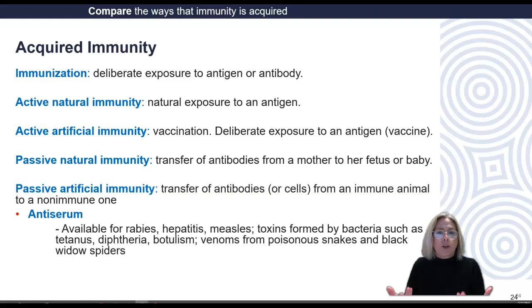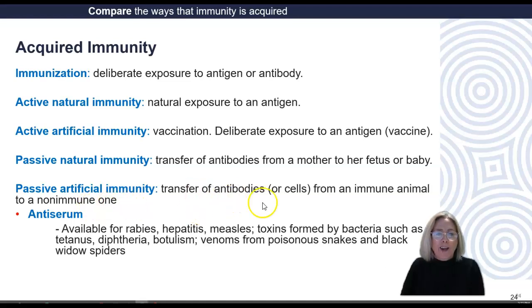And that milk has those antibodies in it, and that offers the baby protection while their own immune system is developing. Passive artificial immunity then involves the transfer of antibodies or cells from an immune animal to a non-immune one.